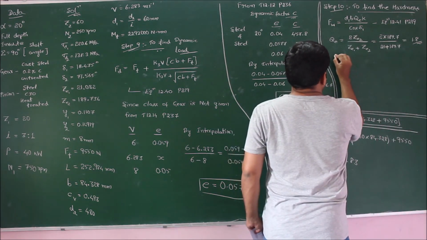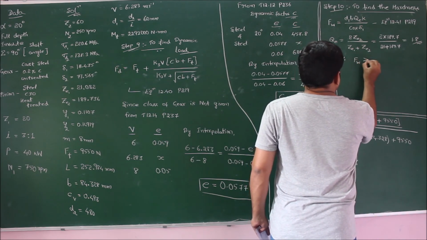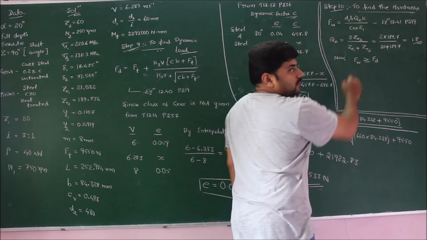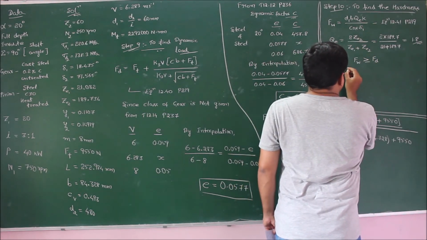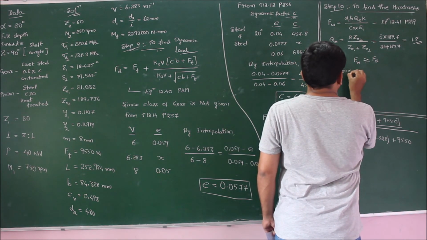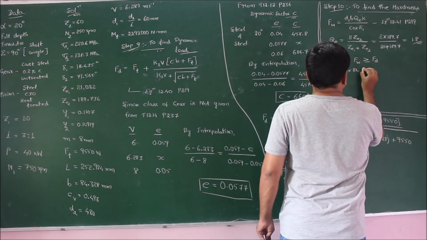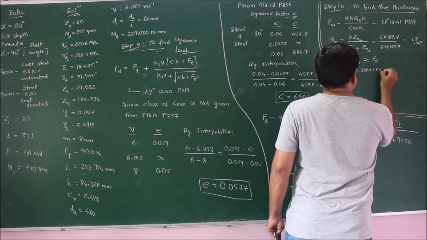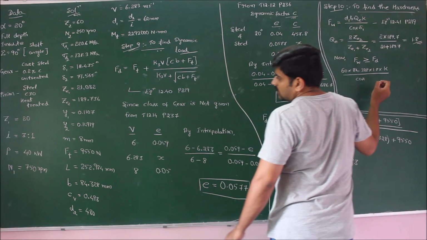Now, using the condition that for safe design, wear load should be greater than or equal to dynamic load. Substituting this in the term of wear load and finding the value of stress factor K, I can find the BHN. We know the value of D1, which is 60 millimeters, times B, which is 84.328, times Q equivalent, which is 1.8, times the stress factor K, which I should calculate, divided by cos of delta 1.